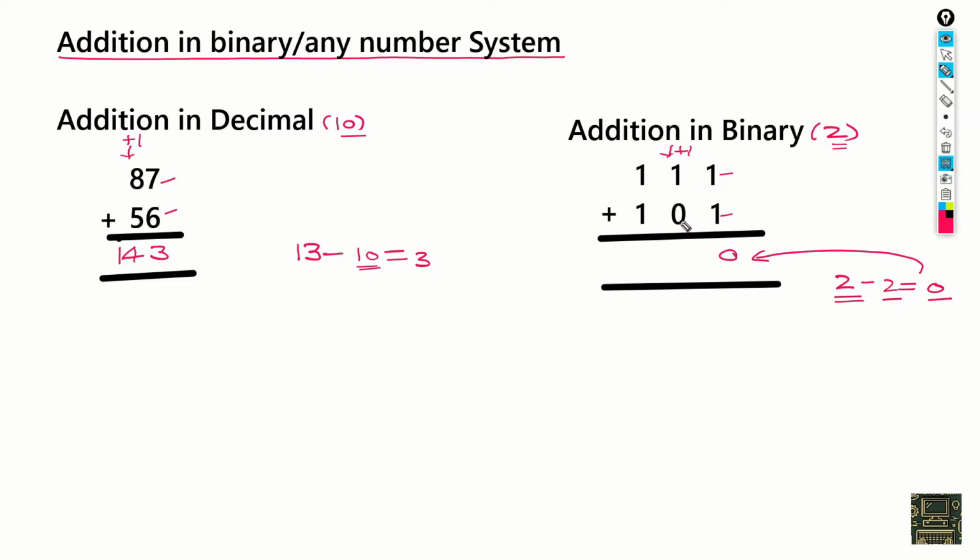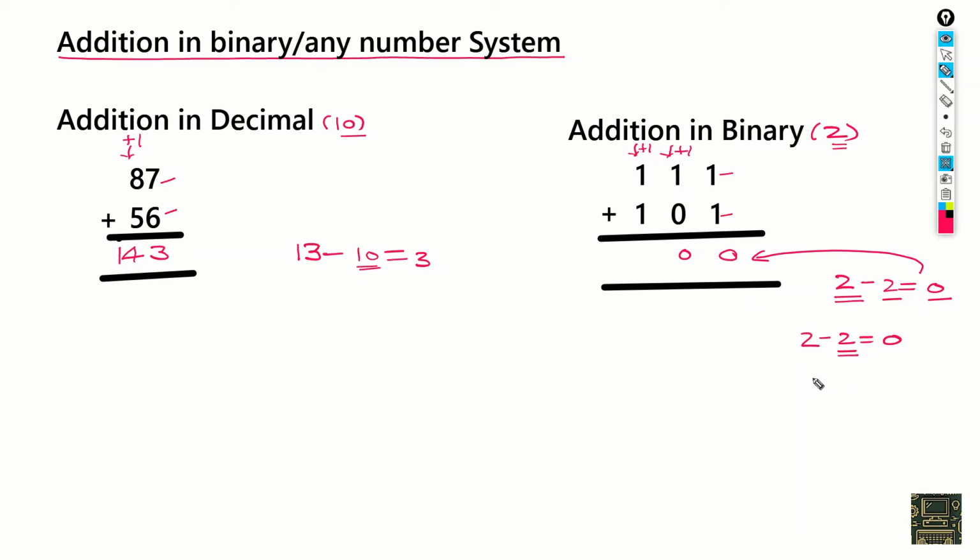Then again I will get 2. Since it is equal to the base of the number, I will subtract 2 and this will become 0. So this will become 0 since I am subtracting 2 here, and this will generate a carry plus 1. Now we add all three numbers here, plus 1, 1 and 1.